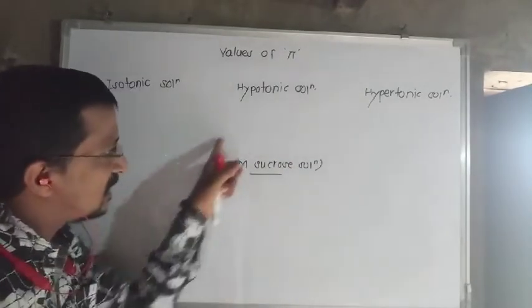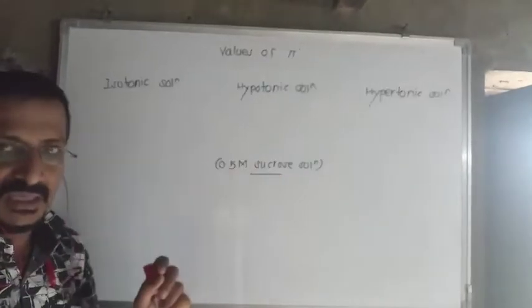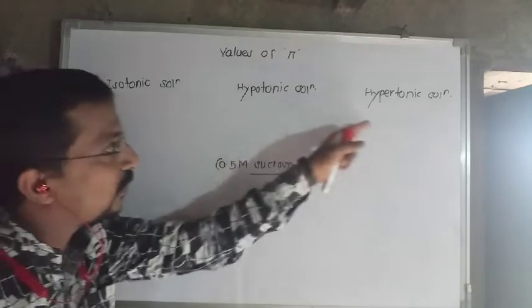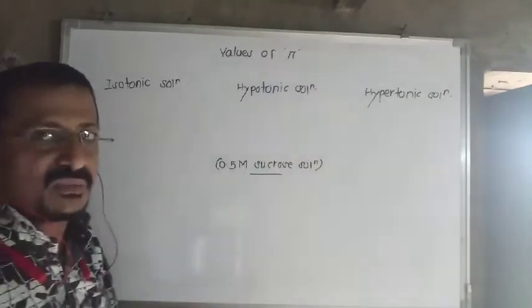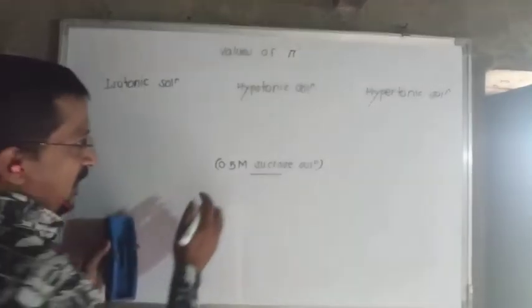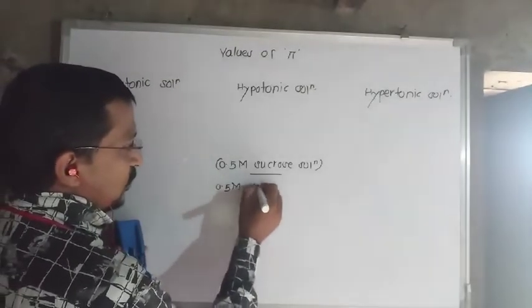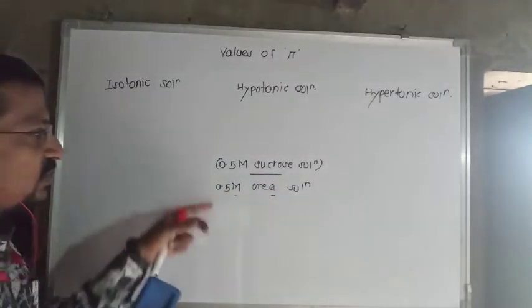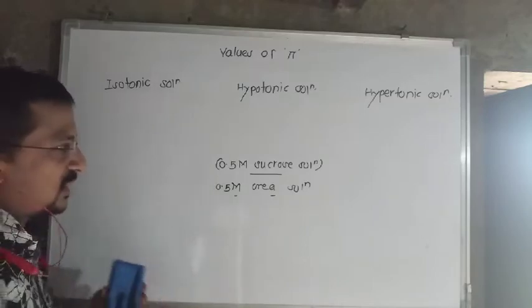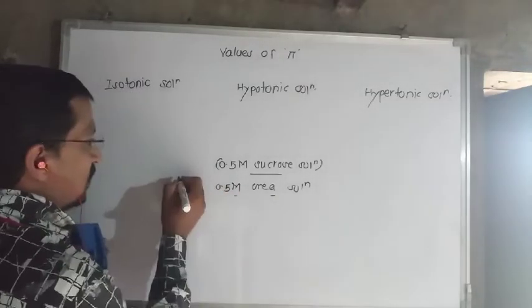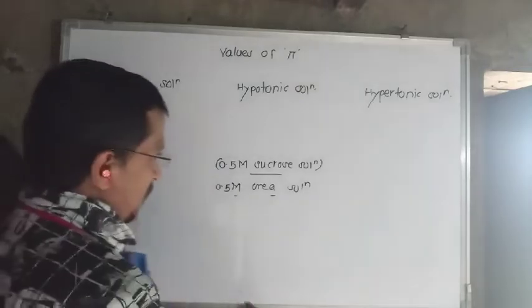So a single solution cannot be classified. To classify this solution into one of these three classes, one more solution is required for comparison. If I take 0.5 molar sucrose solution and 0.5 molar urea solution, these two solutions have the same concentration, and experimentally it is determined that they also have the same osmotic pressure.